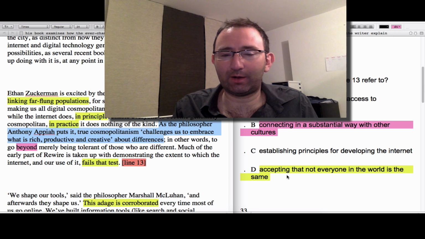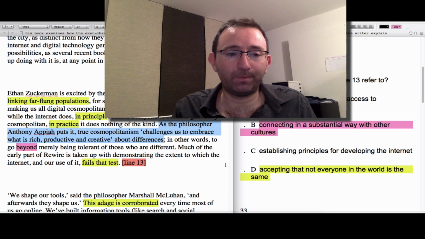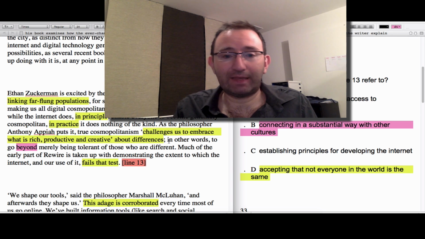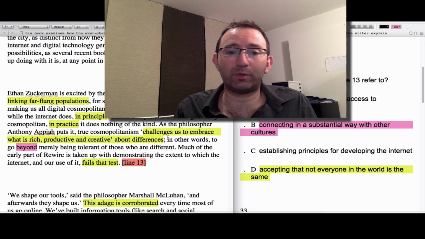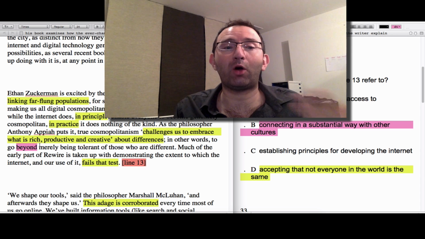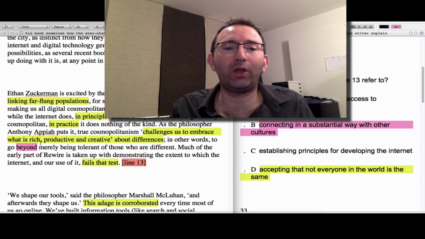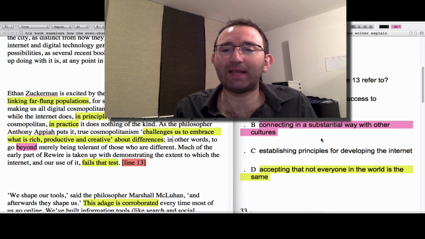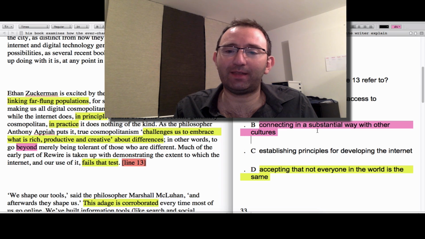Let's all be friends and hold hands and all that stuff. And I didn't read the next sentence, which was, we have to go beyond merely being tolerant of those who are different, which would be D. We have to go beyond that. We have to do more, deeper, more meaningful, more substantial, and that's why it's B.